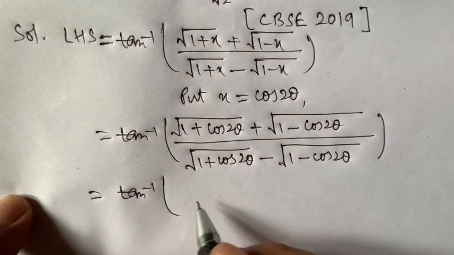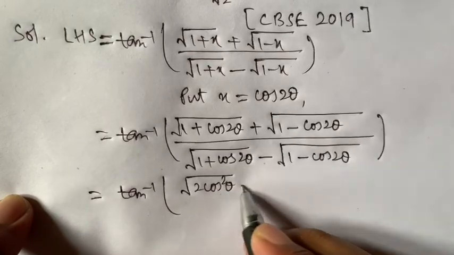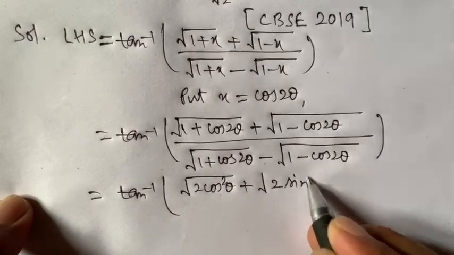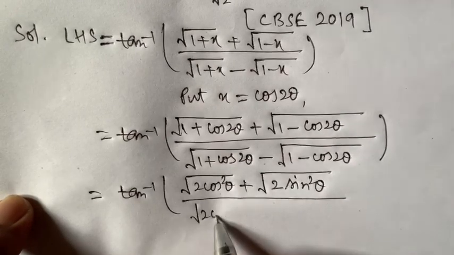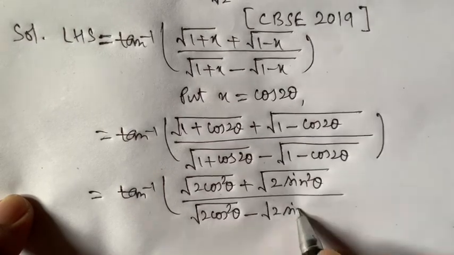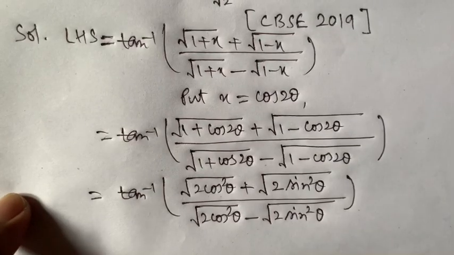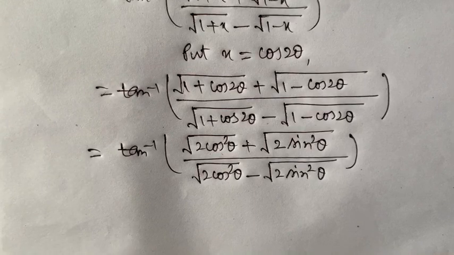1 plus cos 2 theta will be 2 cos square theta, and 1 minus cos 2 theta will be 2 sin square theta, so it is root under of 2 cos square theta minus root under of 2 sin square theta. So we have used the formula for 1 plus cos 2 theta and 1 minus cos 2 theta.